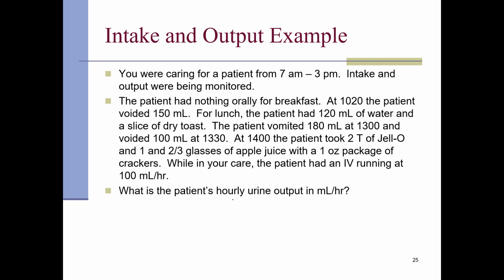For this one, they're asking us our hourly urine output, labeled to be milliliters per hour. So I scan back through. We have at 10:20 they voided 150 milliliters, and then again at 13:30 they voided 100 milliliters. So my formula from my pre-lecture video is the total urine divided by the hours of the shift.